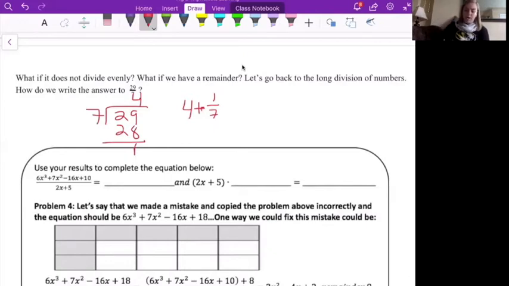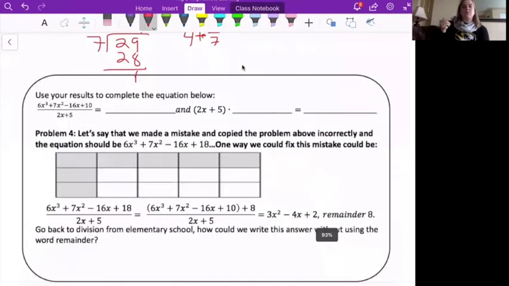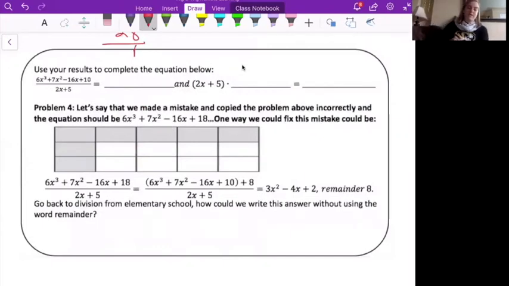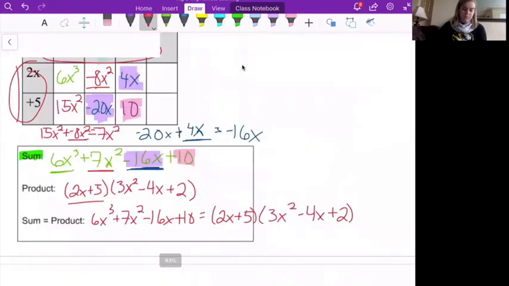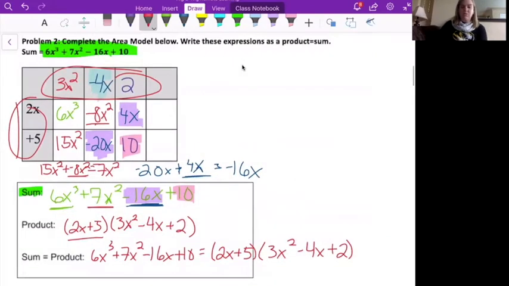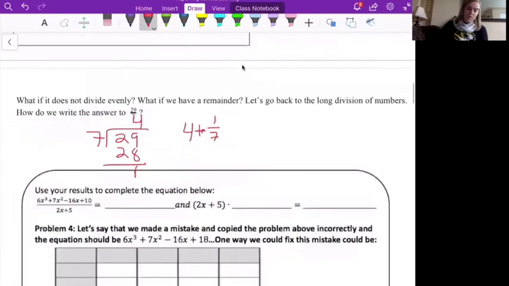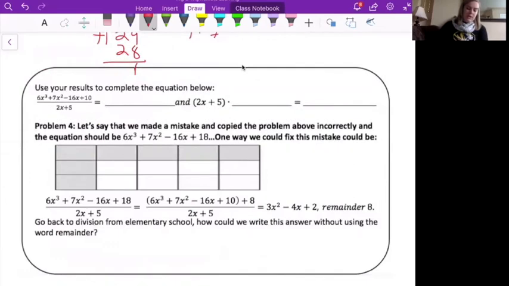So keeping that in mind, if instead of multiplication, we want to write it as division. So this is the same numbers that we just did in example 2. So we're taking this and then just writing it in a new way. So we have 6x cubed plus 7x squared minus 16x plus 10 divided by 2x plus 5. That is going to equal 3x squared minus 4x plus 2.